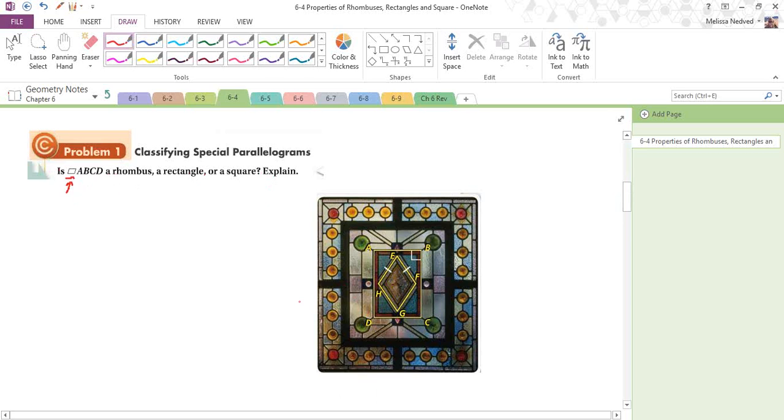Now, in addition to that, we see that angle B is a right angle. That alone does not satisfy our definition for any of those terms we just talked about. But if we think about what we know about our parallelograms, if angle B is a right angle, then angle D is also a right angle, since opposite angles in a parallelogram are congruent.